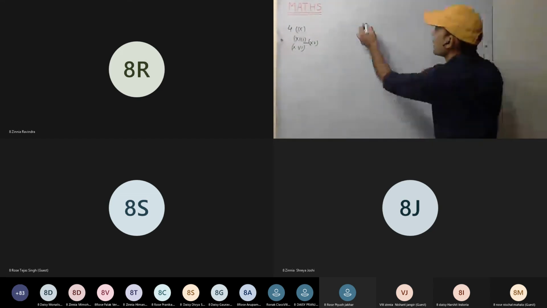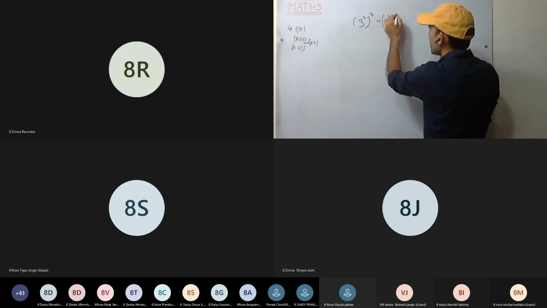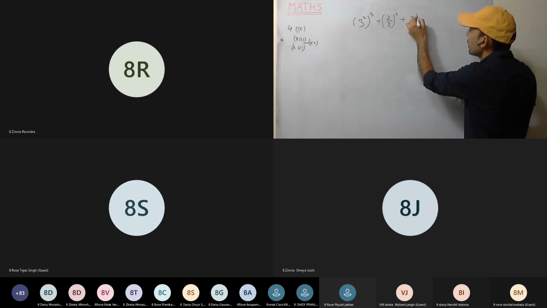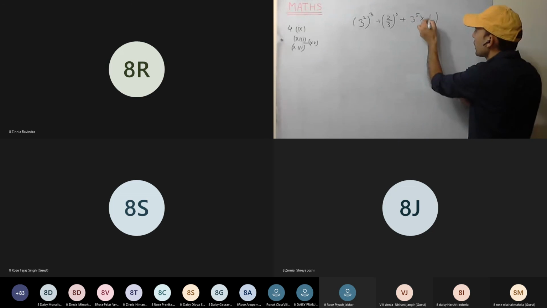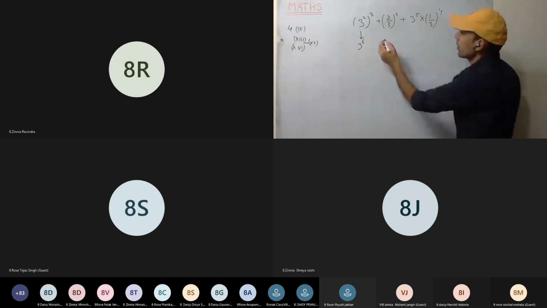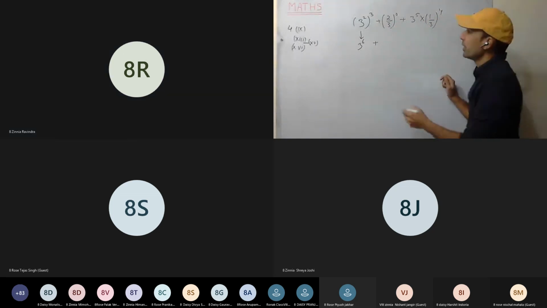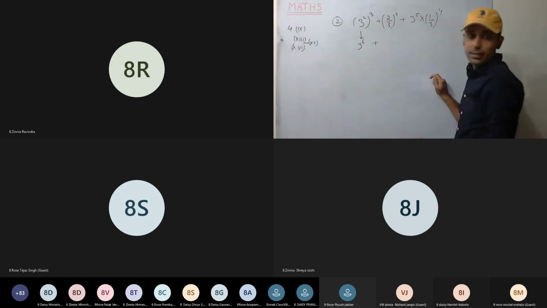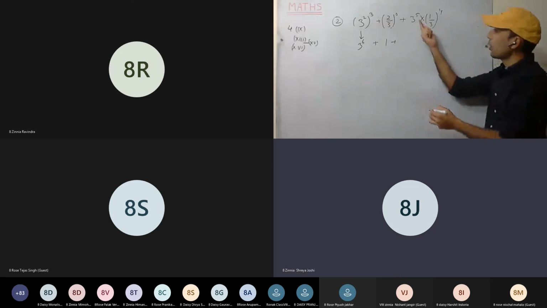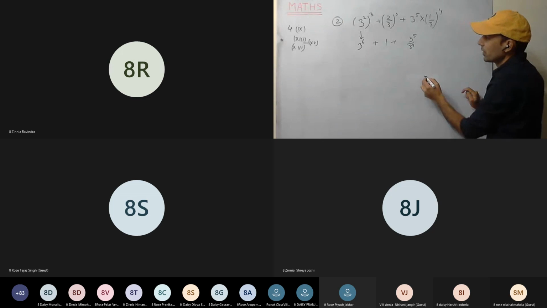Okay, second question, see here. It was 3 raised to power cube plus 2 by 3 raised to power 0 plus 3 raised to power 5 into 1 upon 3 raised to power 4. So it is how much? 3 raised to power 6 plus anything raised to power 0 is 1, and then 3 raised to power 5 divided by 3 raised to power 4.